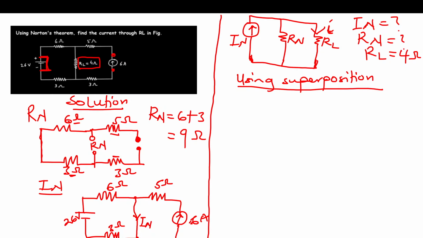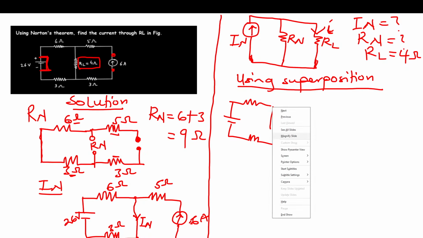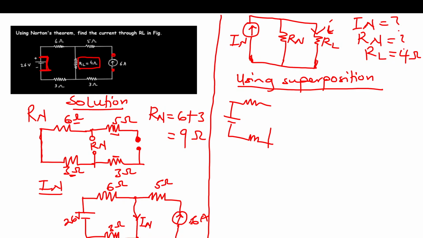So this is how it's going to look like. The 26 voltage source is acting alone. Now when it's acting alone, what you are going to do is deactivate the other source, since we want just the 26 to act alone. Since it is a current source, I'm going to open circuit it.